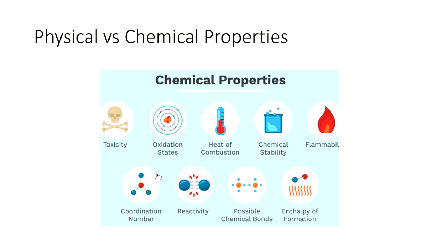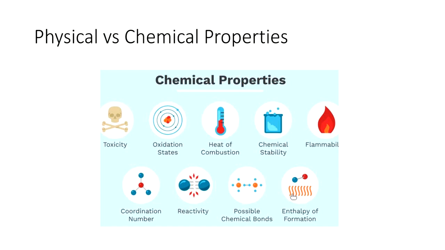The coordination number, we're going to cover this in 1412. Once again, the reactivity, and this is related to the chemical stability. Is that substance something that is going to become another substance easily or not? The possible chemical bonds that are formed. Also, we are going to cover the part of chemical bonds later in this course, or the enthalpy of formation.